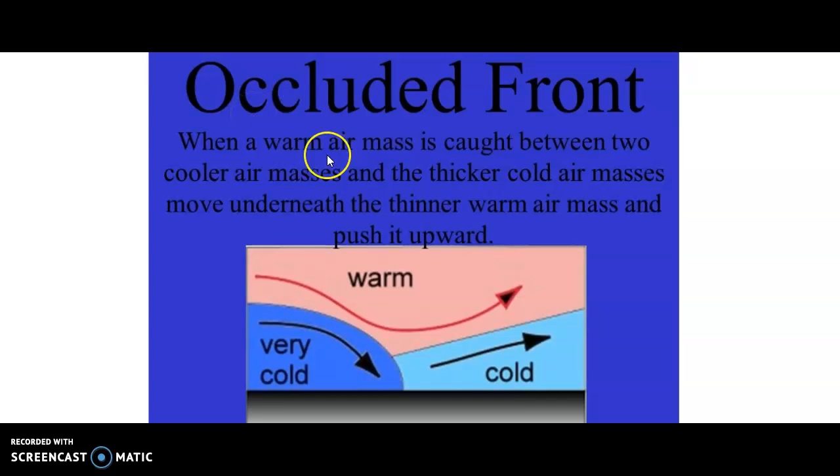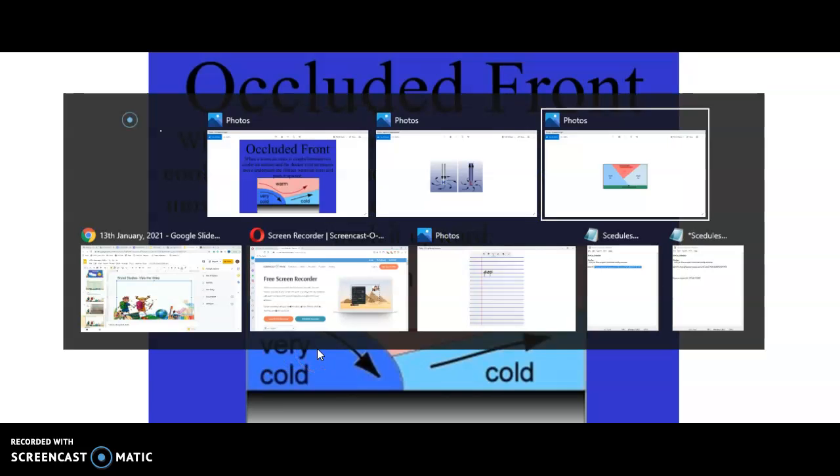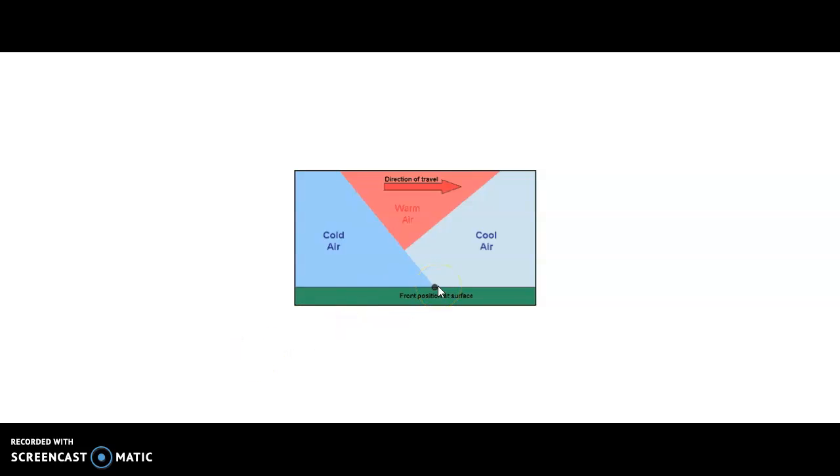An occluded front is when the warm air mass, the warmer air here in this picture, is caught between two cold air masses. There's regular cold and then there's very, very cold air masses, and these cold air masses push the warmer air upward. So let's look at another picture that shows it in a better way. We have cool air, colder air, and then we have the warm air mass.